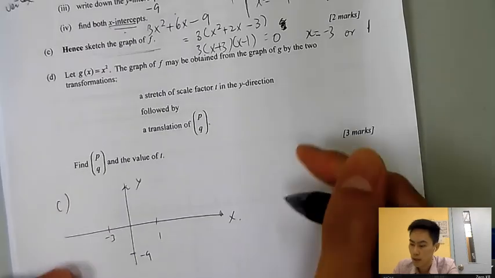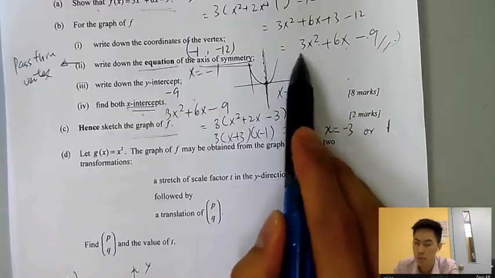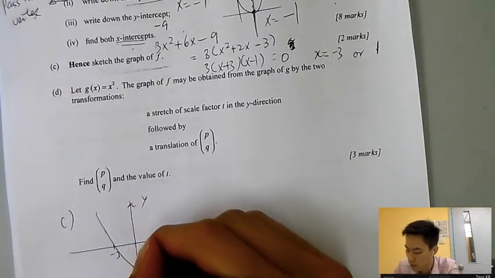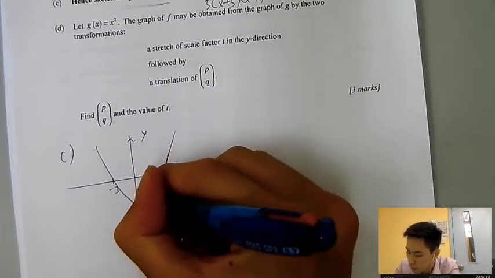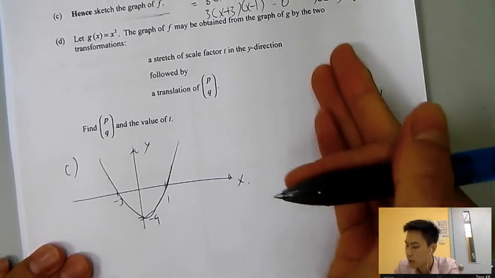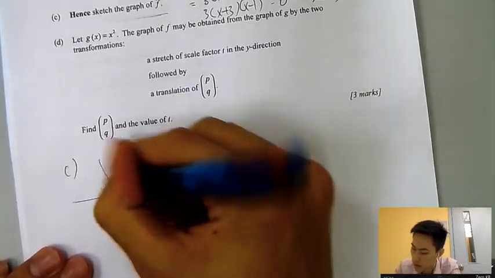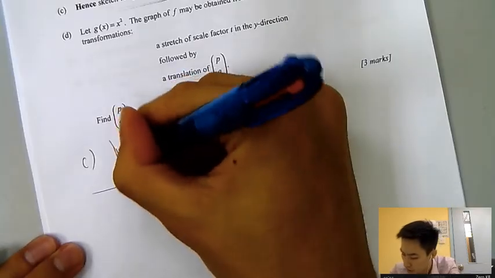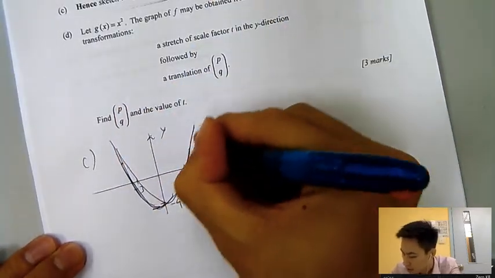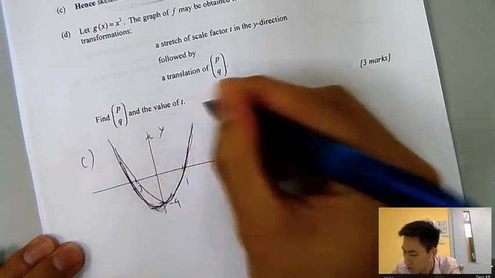The 3 is a positive number, so it must be a smile face, like this. And the vertex should be minus 1 and minus 12, so it should be a bit to the left. I know the graph is not proper enough, this one.